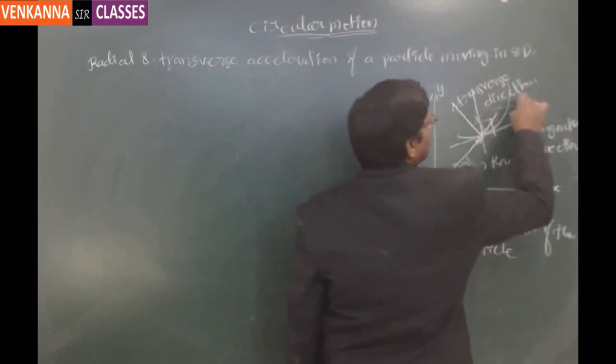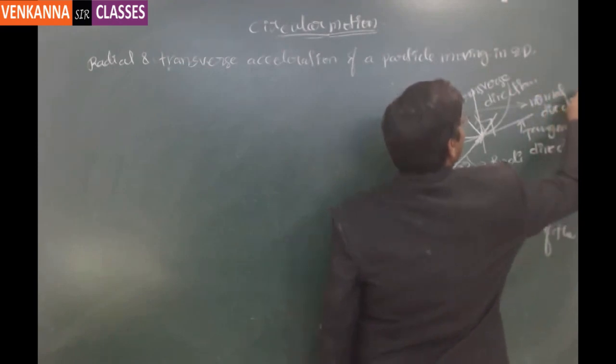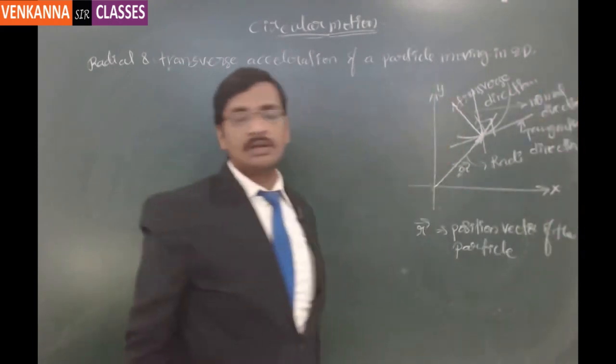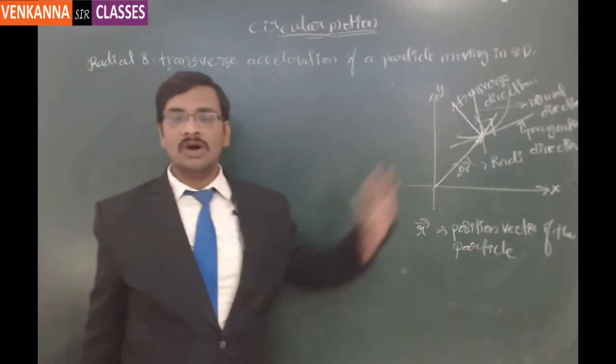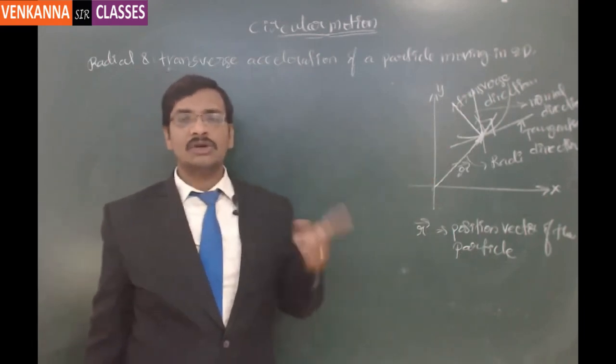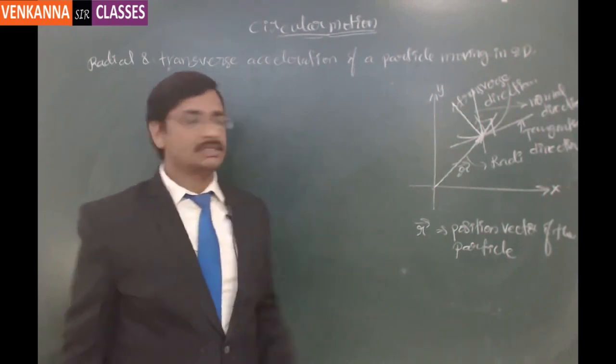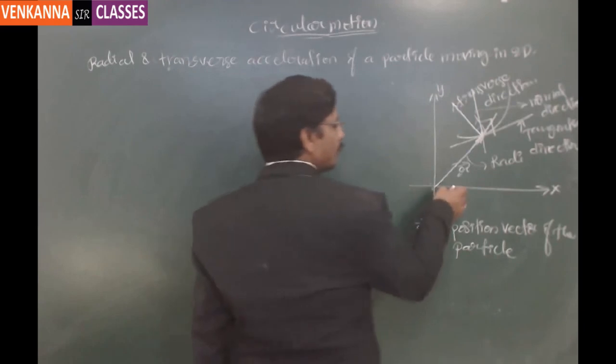So this is the normal direction. So usually when we want to identify the direction of any particular particle, we talk in all these four directions: either the radial direction or the transverse direction. By transverse we mean the theta direction. Theta is always perpendicular to the radial.